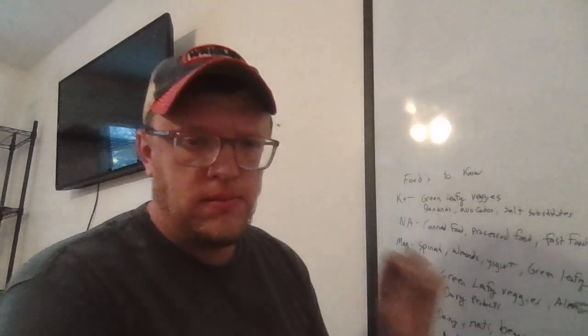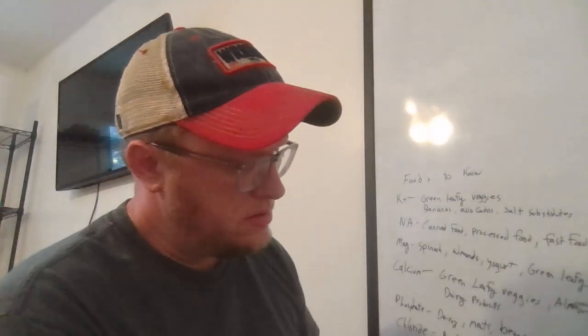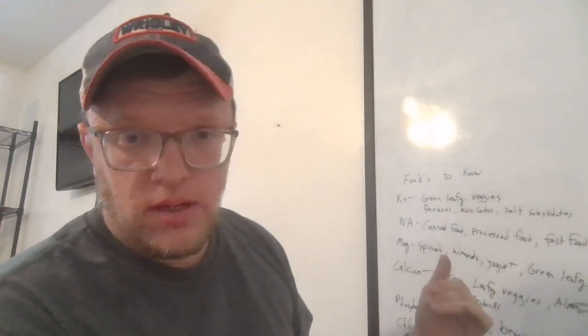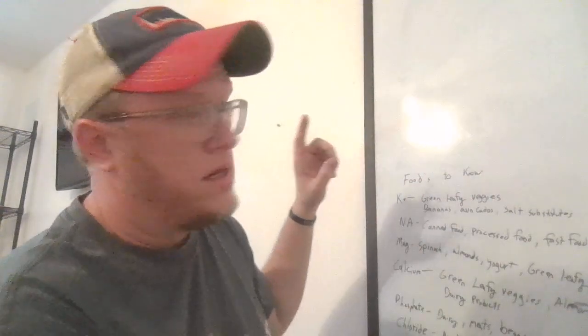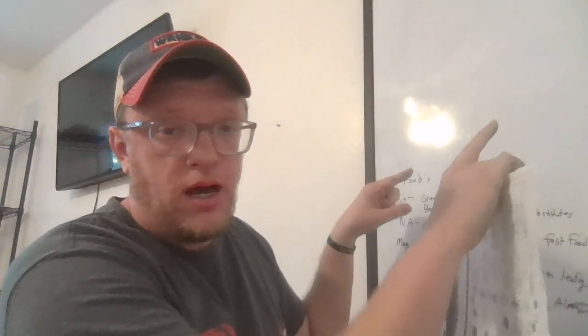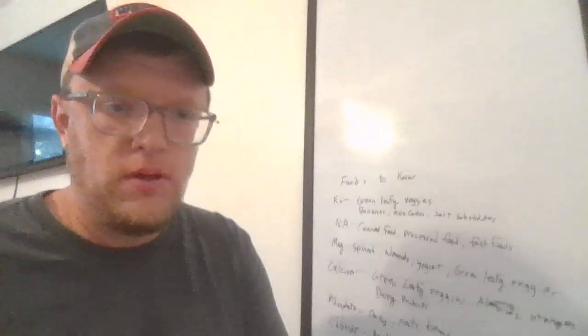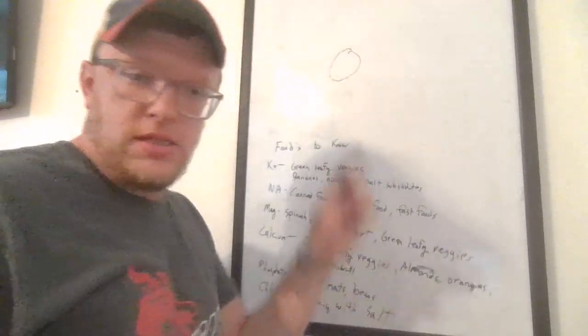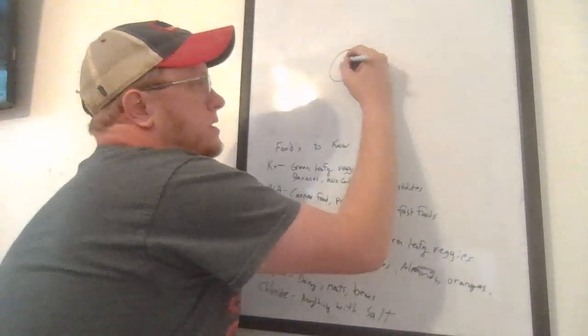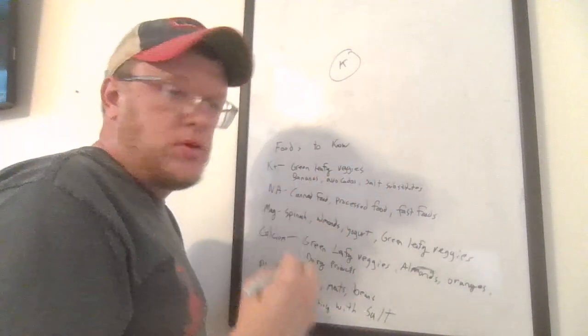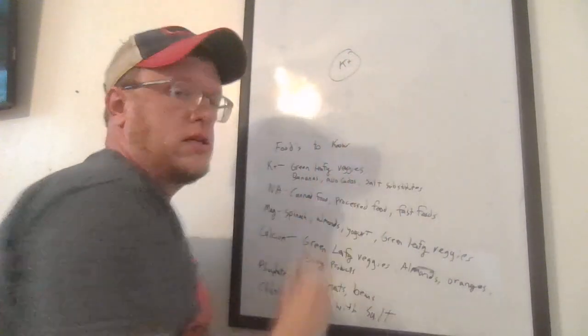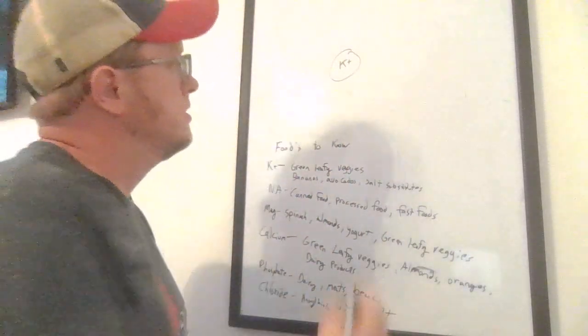So potassium is primarily on the inside of our cells, and then sodium is the big one that's on the outside. Now sodium and potassium, they have an inverse relationship. So this is what's going on between those two, and this is what I mean. Okay, so let's play the game. This is a cell. Potassium, K, that's the abbreviation, lives inside the cell.